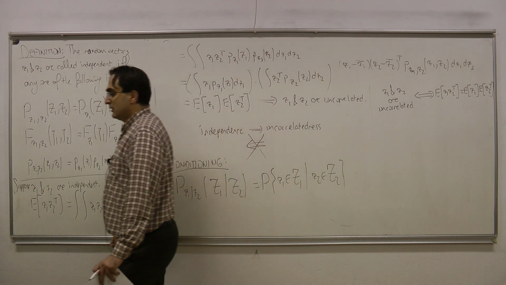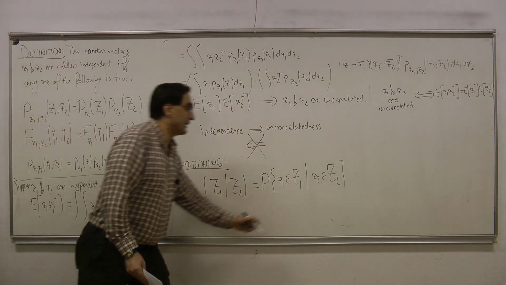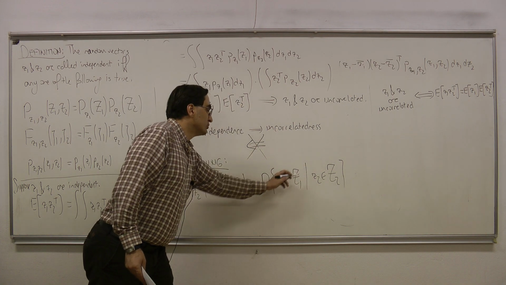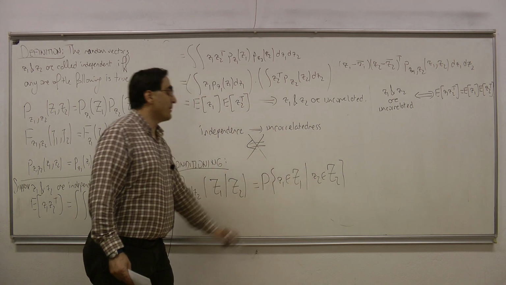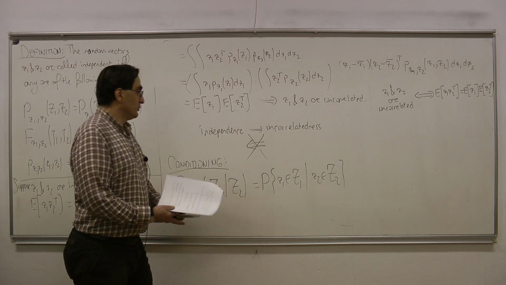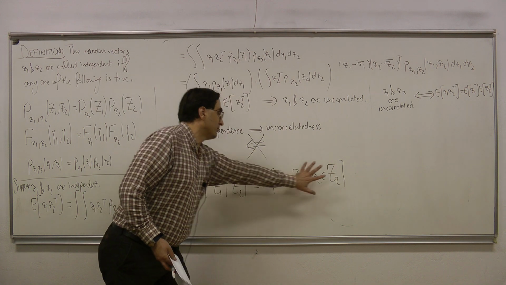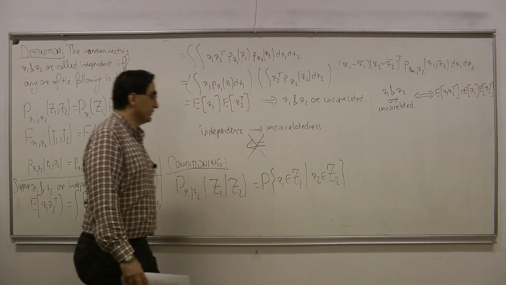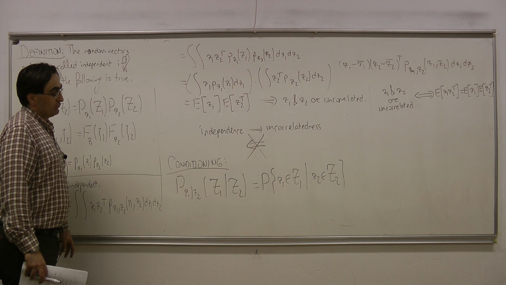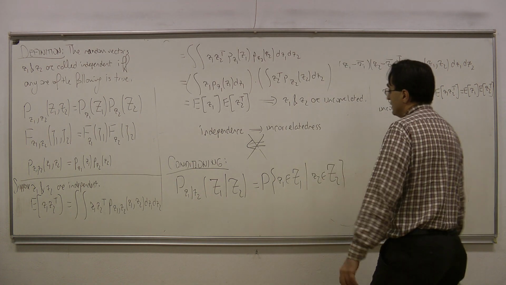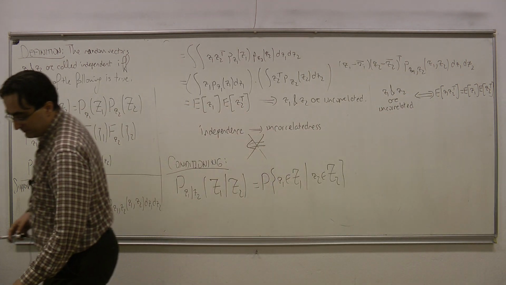So knowing something about the second random vector would give us information about the first random vector. Without this conditioning, this probability would be different. Okay? So knowing one of the variables would give us information about the other variable.